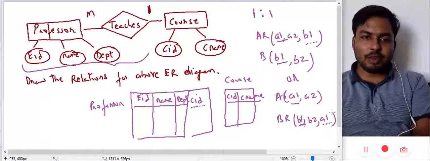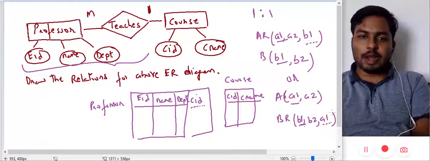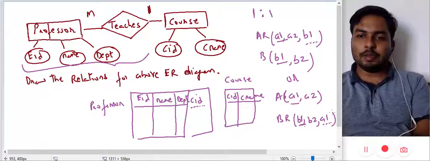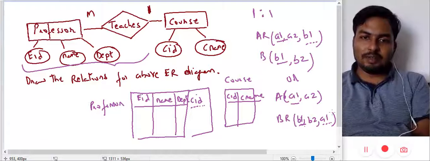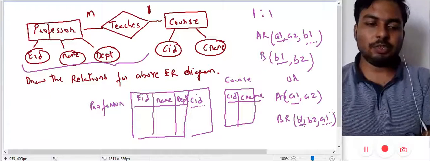We studied something called a descriptive attribute. An attribute of a relationship set is called a descriptive attribute. When you have to convert an ER model to a relational model and you have a descriptive attribute, that's where it becomes important. We'll see some examples.